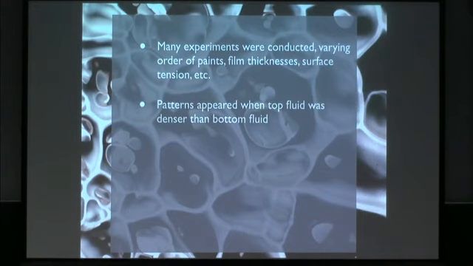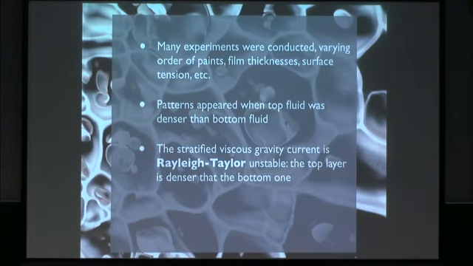The texture would appear only when the top fluid was denser than the bottom fluid. So we have a hydrodynamic instability, widely studied in the fluid mechanics community: the Rayleigh-Taylor instability, but in a very thin and very viscous layer. After the texture appears, the paints begin to cure, you freeze the instability and preserve it, and that's what you get like this. Okay?